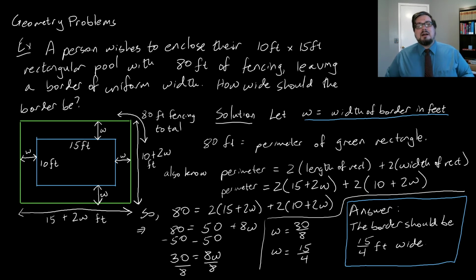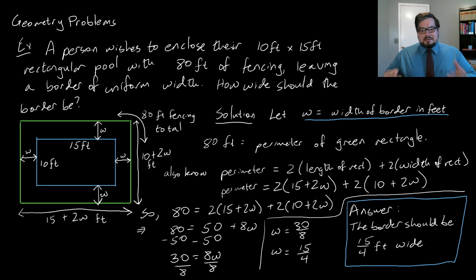If your boss is designing this and asks you, oh, how wide should the border be? Tell me how wide the border should be. And you come back and you say, W equals 15 fourths. They might be able to guess, but they won't know for sure what you mean. You should always be very, very clear what you mean, and that's why your answer to these problems should be clear as well. The border should be 15 over 4 feet wide.